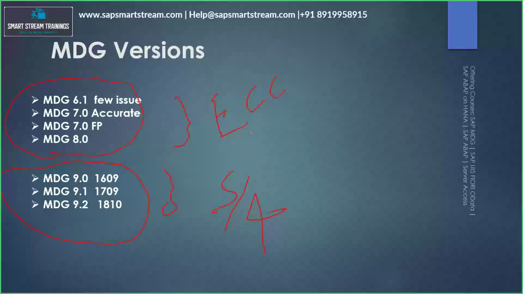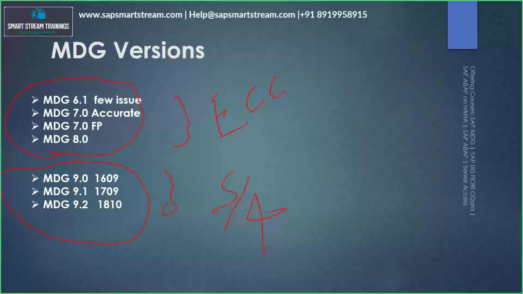That means as the replacement of ECC, everything in MDG is integrated into S4 HANA. That is the difference between these two. Before S4, after S4. Just this is replaced. Instead of ECC, S4 came.